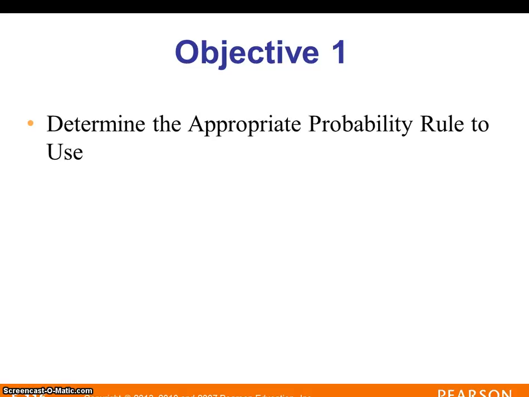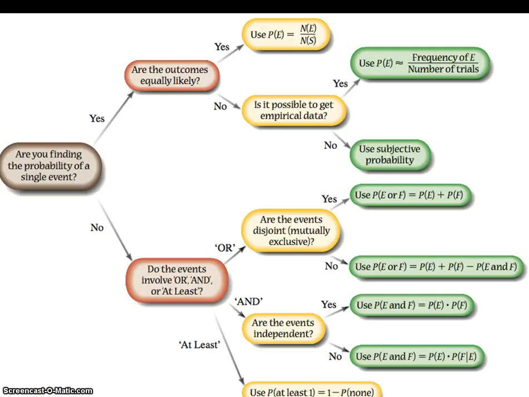So let's look at the first situation. As far as finding the probability of an event, you can kind of go through this flow chart. Ask yourself, are you finding the probability of a single event? Either yes or no. Are the events equally likely? If yes, then use this.